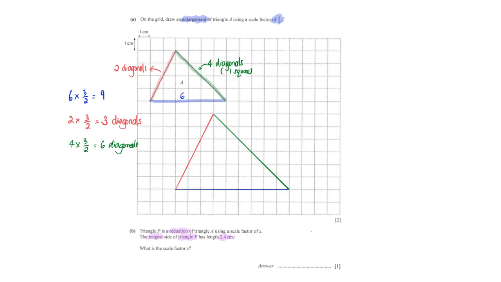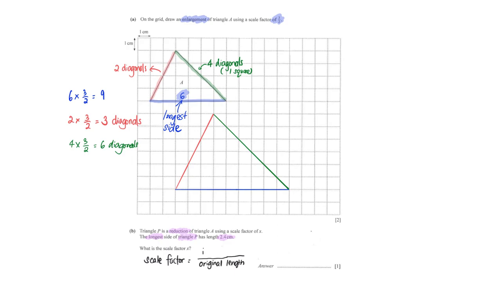Looking back at the triangle A, do take note, this is the longest side. Okay, 6 cm. And so, to find scale factor, we usually divide by the original image, original length.